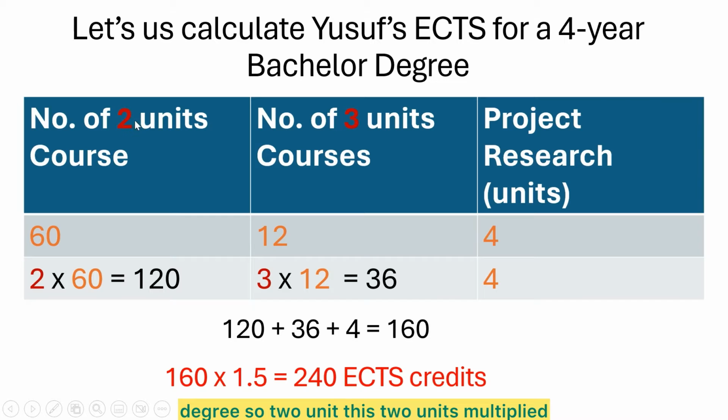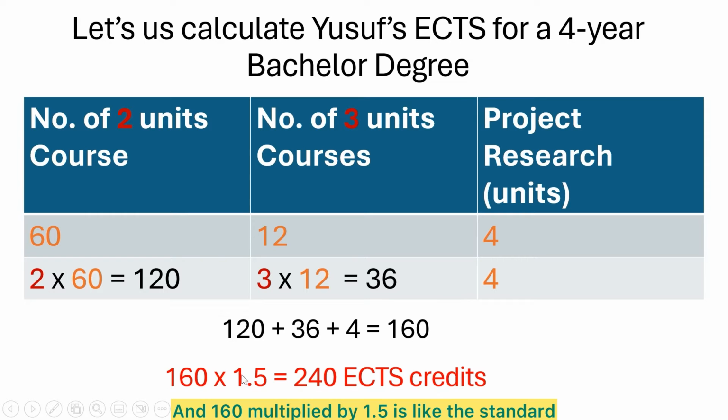So 2 units multiplied by the number of 2 unit courses Yusuf took: 2 multiplied by 60 is 120. And 3 multiplied by the number of 3 unit courses Yusuf took over 4 years, 12, is 36. Yusuf did only one project, which is 4 units. That one project, 1 times 4, is 4. Adding these together, 120 plus 36 plus 4 is equal to 160.